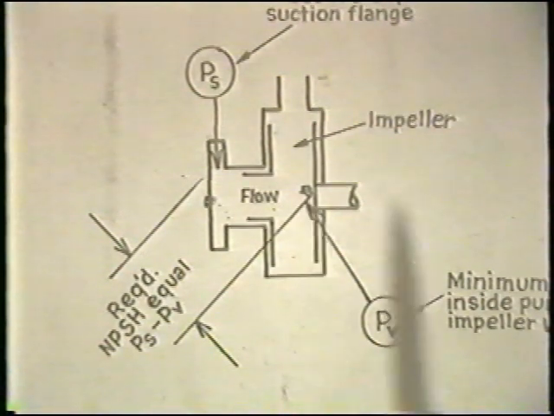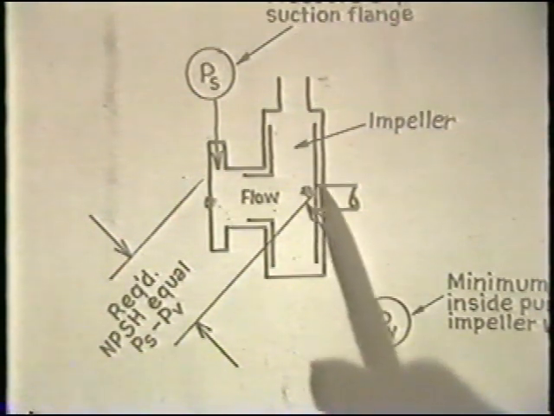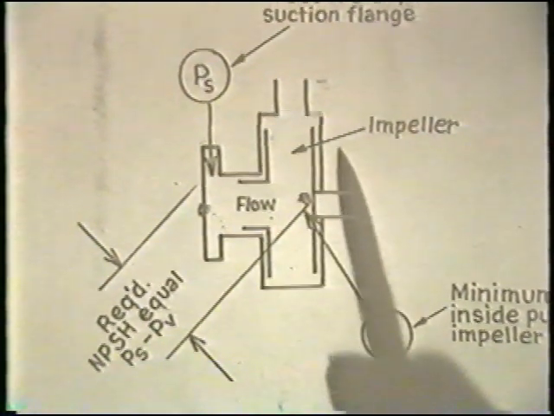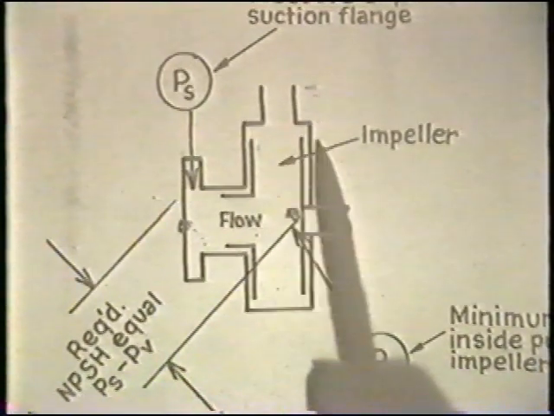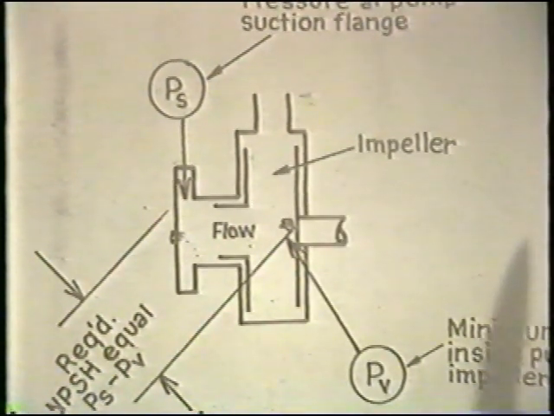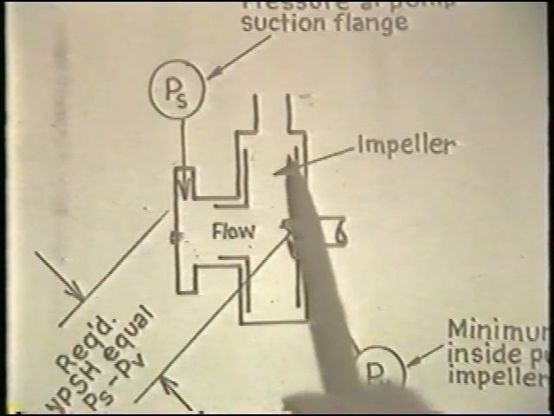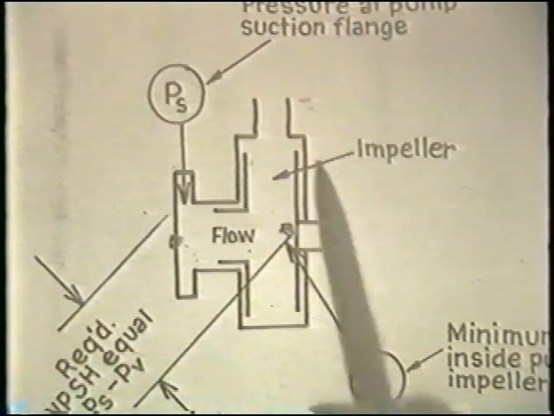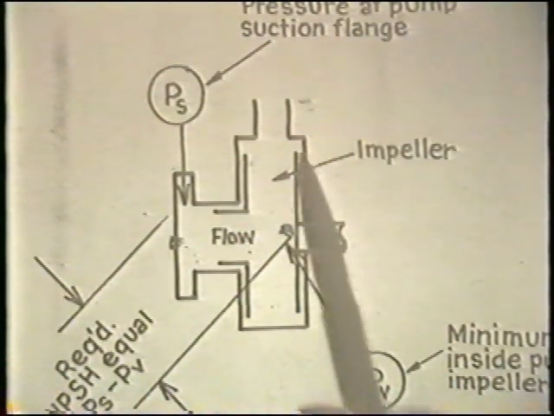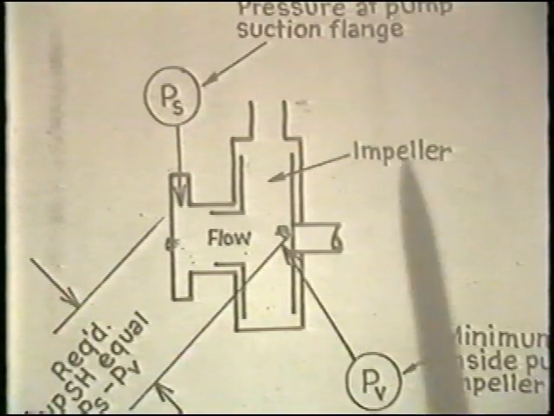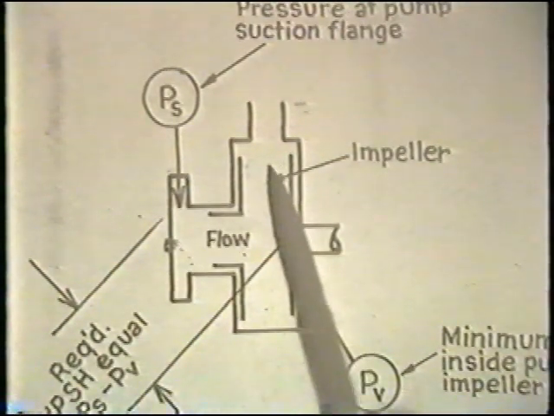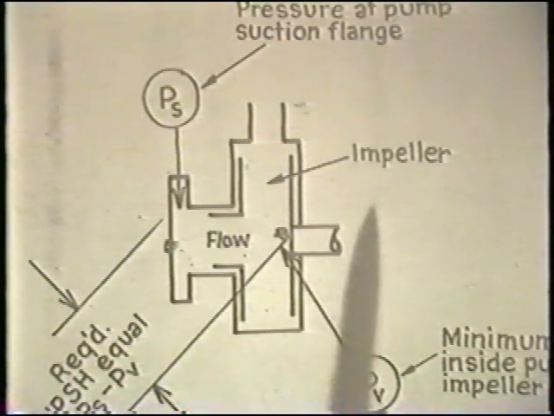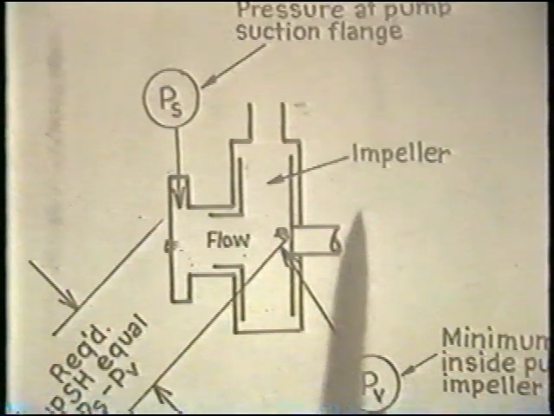Bubbles will be formed, and those bubbles will pass through the pump from the low pressure area to the higher pressure area available at the exit of the impeller. Now, the bubbles will collapse then as they introduce themselves into the high pressure area, and will collapse with a great deal of force against the impeller, causing erosion of the impeller and also causing problems that have to do with flow through the pump.